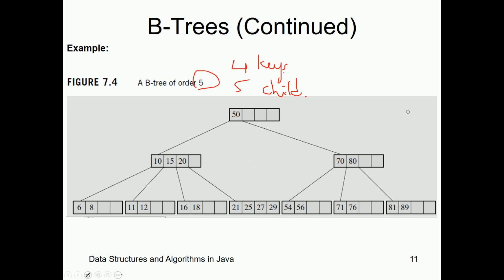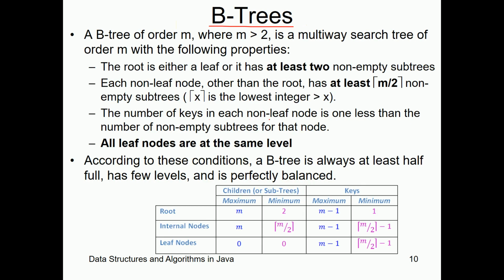And that's an example of a B-tree. And a B-tree is a multiway tree, but it's just working in a way that doesn't allow it to be unbalanced.